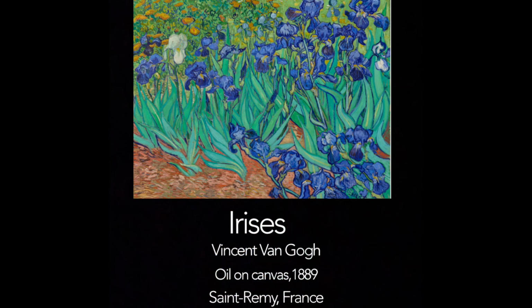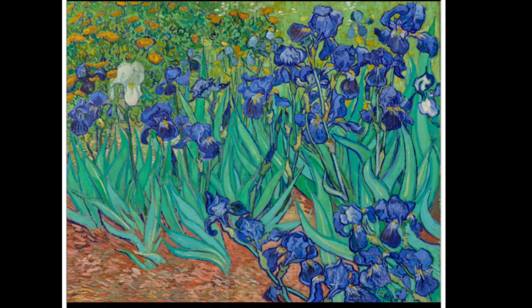Moving on to the second painting, which is also oil on canvas, painted 1889 in Saint Remy, France. This was painted within the year of his death. This was painted in the asylum that he committed himself into after being forced into the Arles hospital after the severed ear incident.